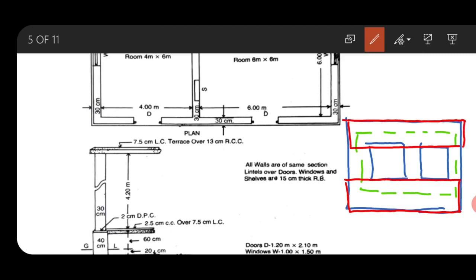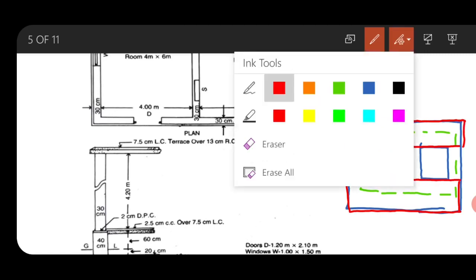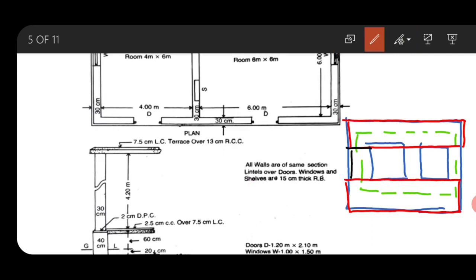So now we are left with only this much portion, this part and this part. So these three have the same dimension. So now we will calculate what is the length of this part.